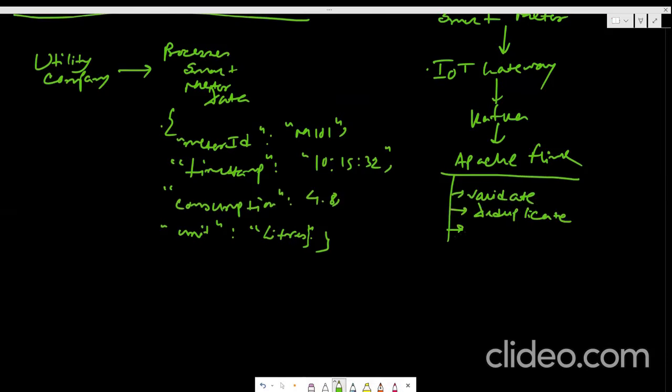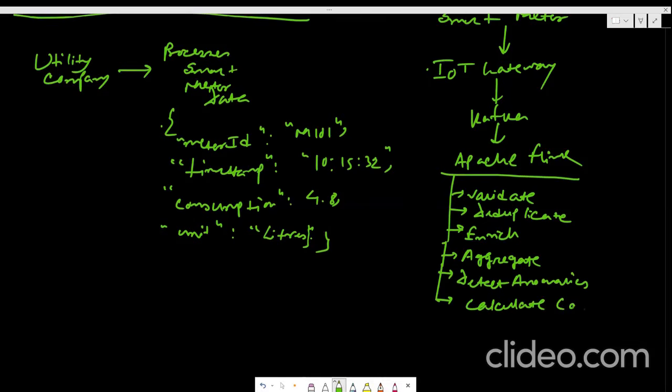Then it can enrich the data, like data enrichment from other data sources. Then it can aggregate the data. Next, it can detect anomalies and create alarms, kind of things. And then it can also calculate the consumption.